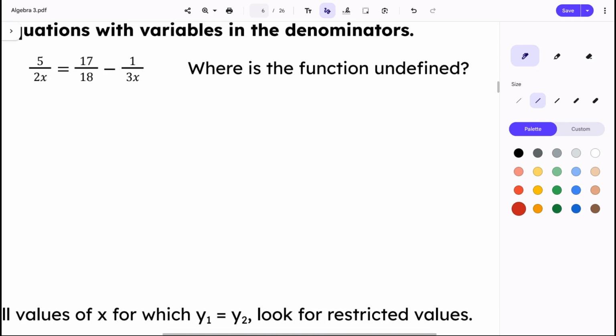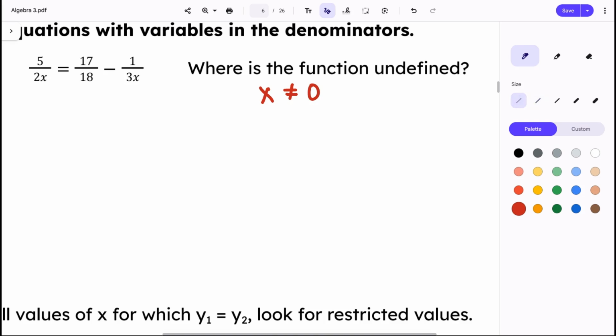Because anything times 0 is 0. So I could put in a 1, a 2, a 3, a 4, a 5. I could put in a negative 1, a negative 2, a negative 3. I could put in really anything but 0. The second I put a 0 in there, it gives me a 0 in my denominator, and I can't have that. The same thing affects the one over here where it says 3x. I can't have 0. So I'm going to just write over here, x cannot equal 0.